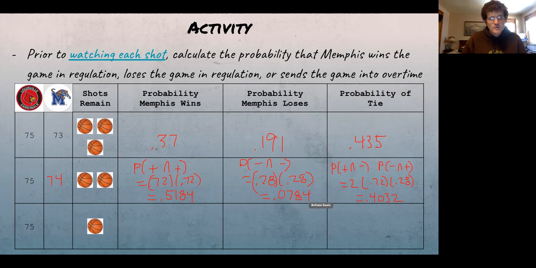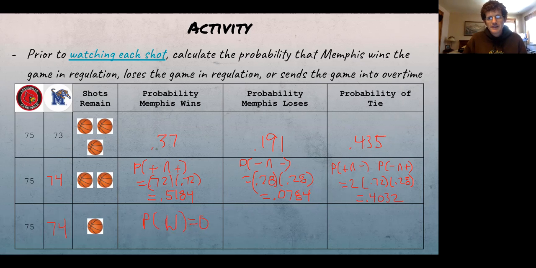Okay, so spoilers. He misses the second free throw. So it's still 74-74. At this point, the only thing he can do is make that last free throw and tie the game. So their probability of winning at this point is 0 after the second free throw.